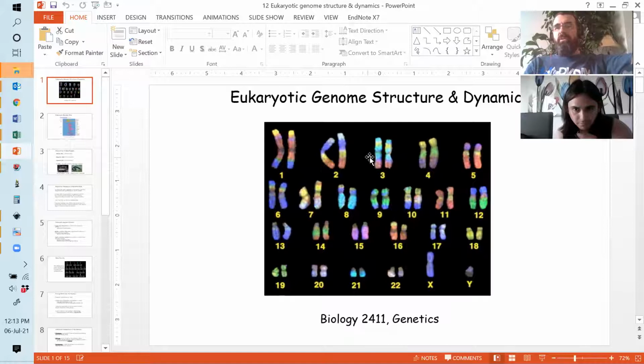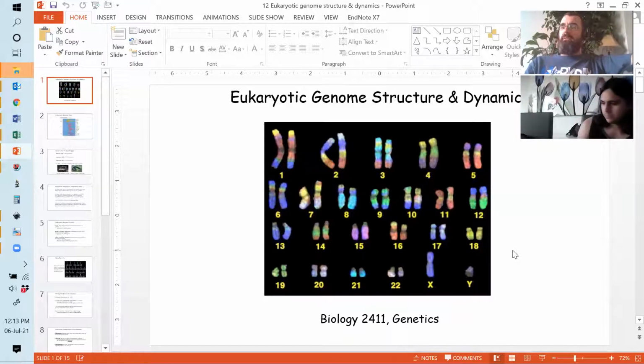And also if you look carefully at the others, these are condensed chromosomes. You wouldn't be able to distinguish them otherwise. They would just be a translucent mass of DNA. It would be very hard to visualize.